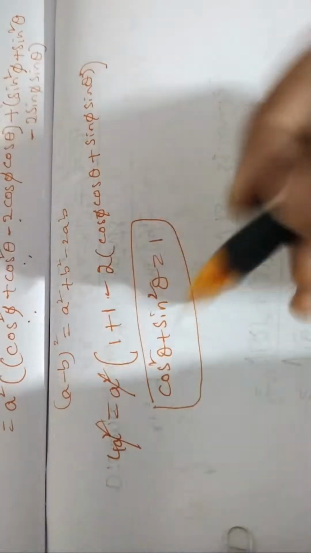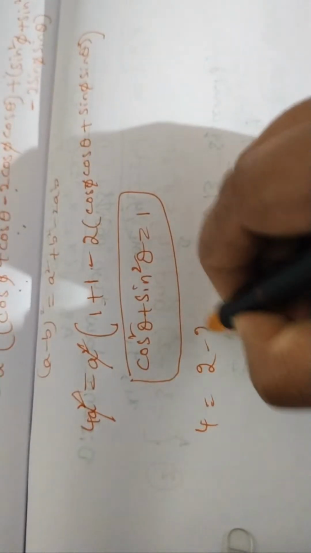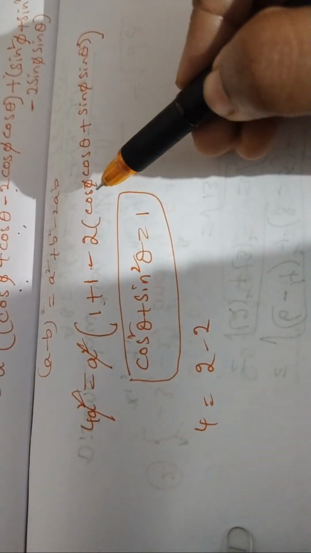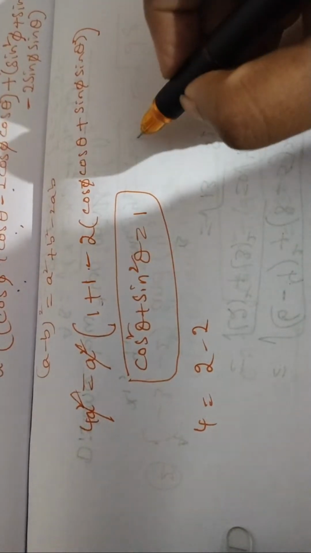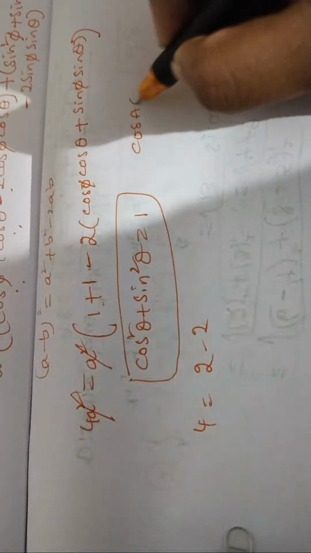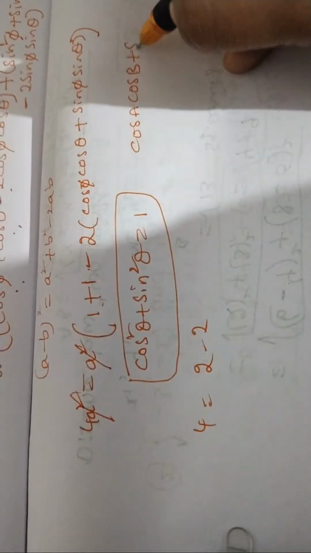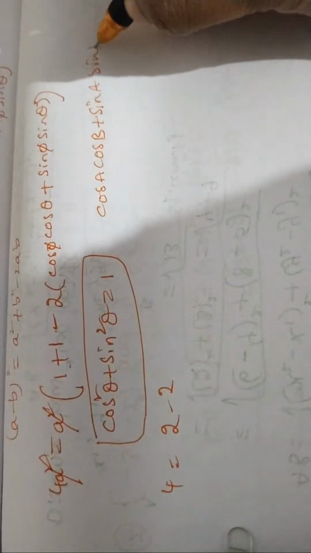Now next cancel this a square and this a square. Then the remaining is 4 equals to 1 plus 1, 2, minus 2, and we know one formula, cos A cos B plus sin A sin B. What is the formula for this?